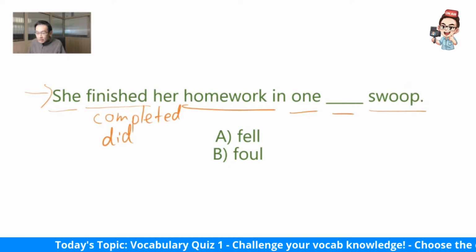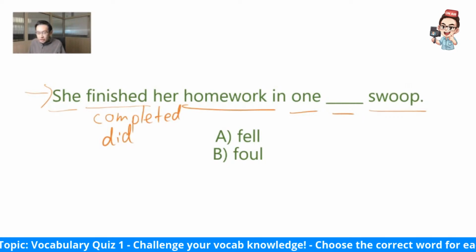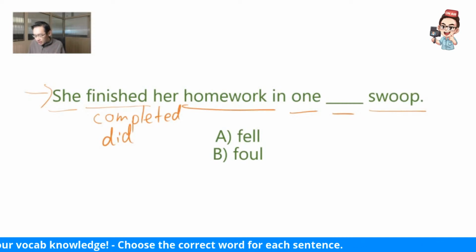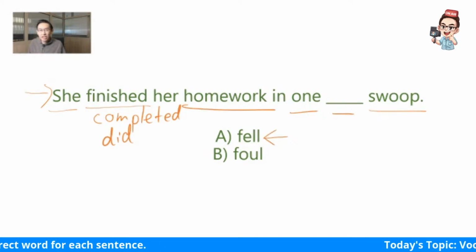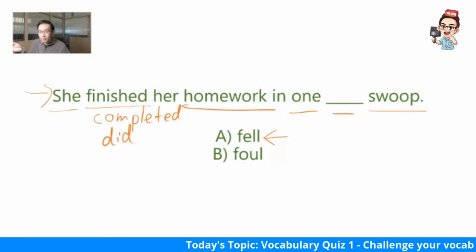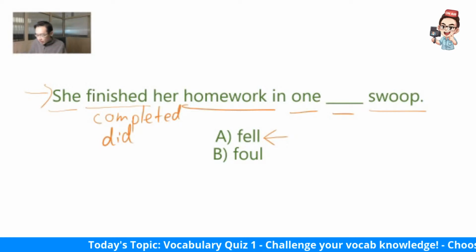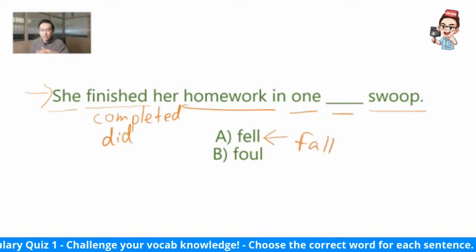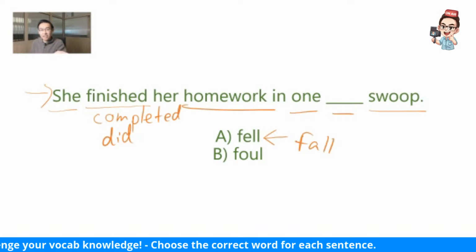Okay, so I'll go back to the words first to show you why you can't just look it up in the dictionary. So we have fell. What does fell mean? The first thing that comes to mind for the word fell is the past of fall, right? So something fell down, something is lying on its side, that's fell.